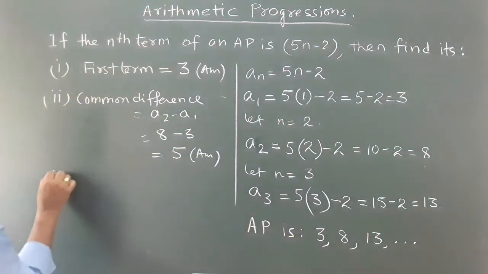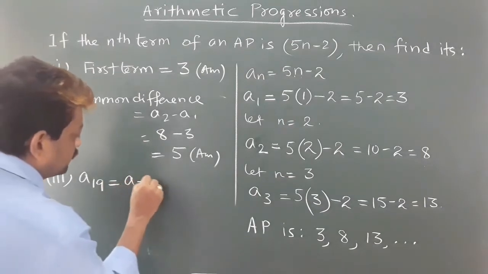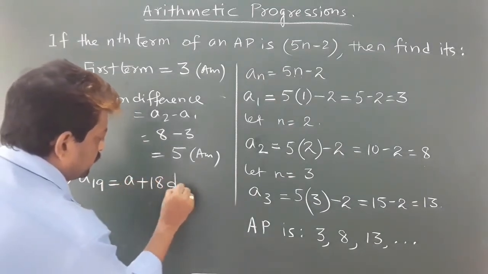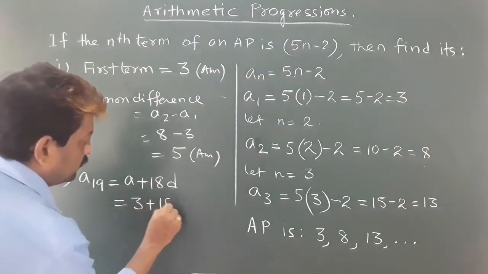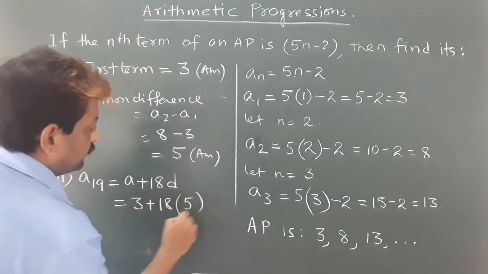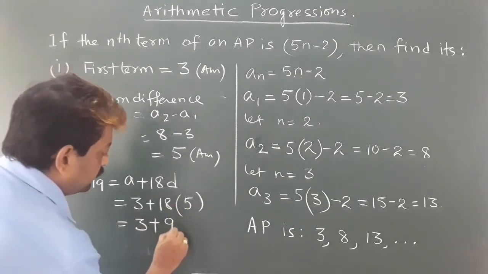And the third question is a19. So a19 is a plus 18d, as I have told you just now. So a is 3 plus 18, d is 5. So 3 plus 18 5s are 90.